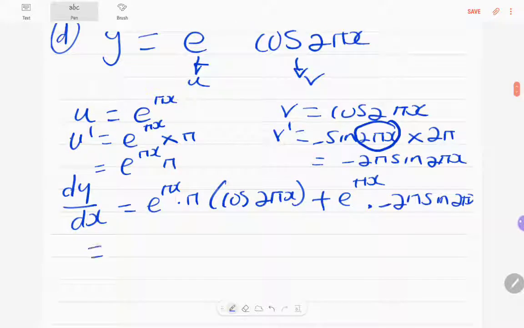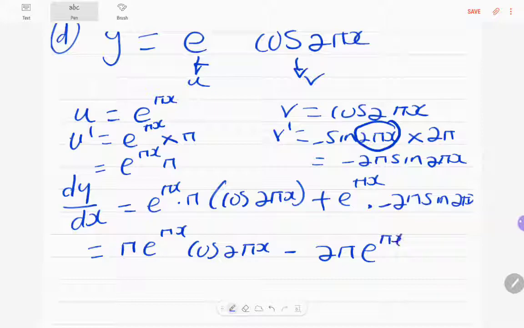So the final answer will be pi e to the power pi x cos 2 pi x minus 2 pi e to the power pi x sine 2 pi x. If you want to simplify, you can continue. You will take out the common factor, which is e to the power pi x. Even if you leave it like this, there is no problem.